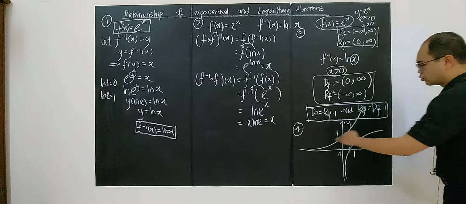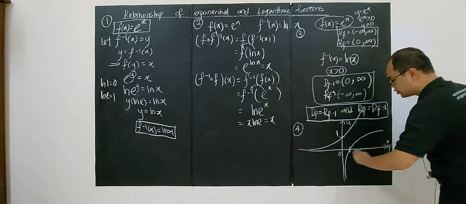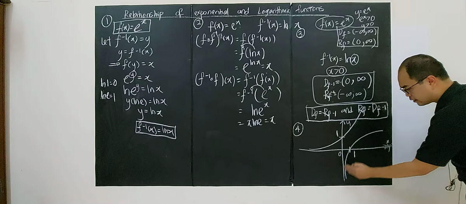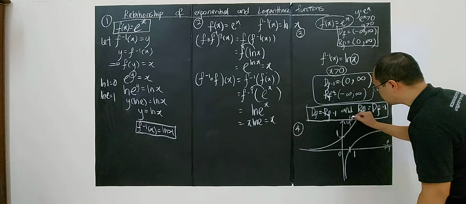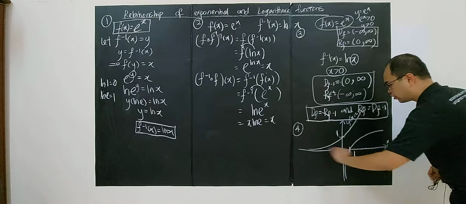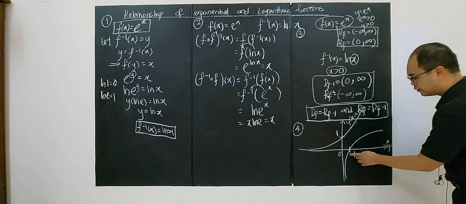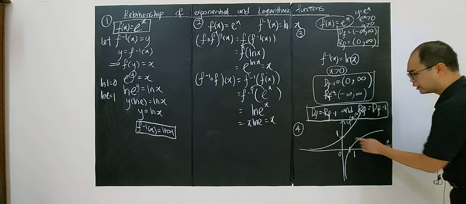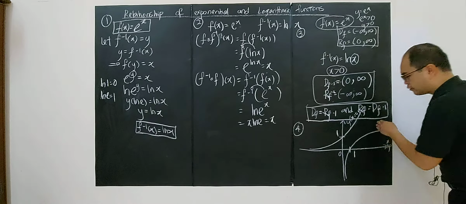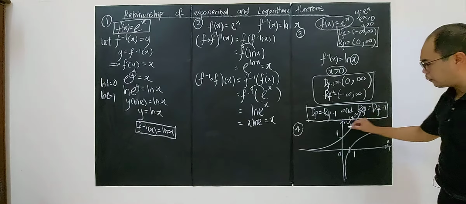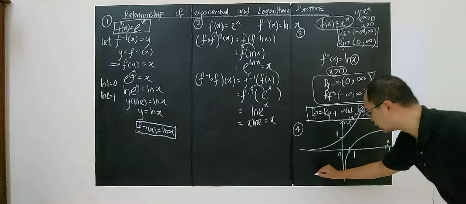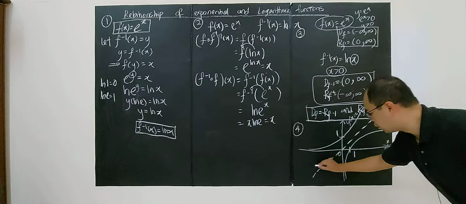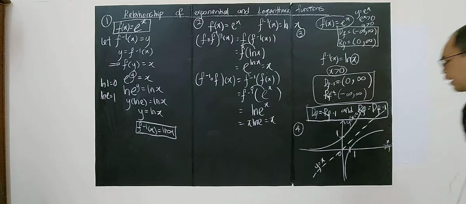If you look at these two graphs, the exponential has a horizontal asymptote, which is y equals 0. And for ln x, x equals 0 will be your vertical asymptote. One horizontal, one vertical. This will be the x-intercept 1, and this will be the y-intercept 1. Actually, if you plot these two graphs properly, they are symmetrical about the line y equals x.